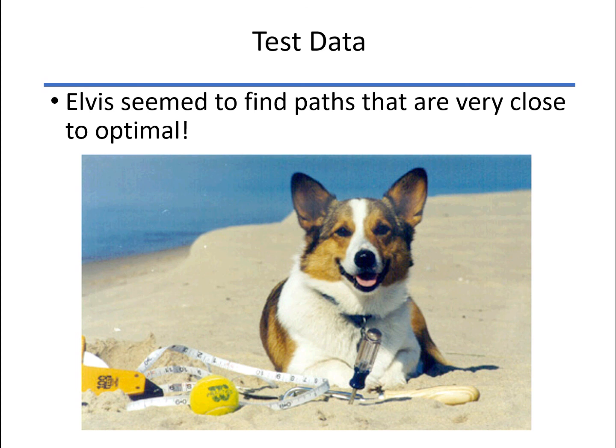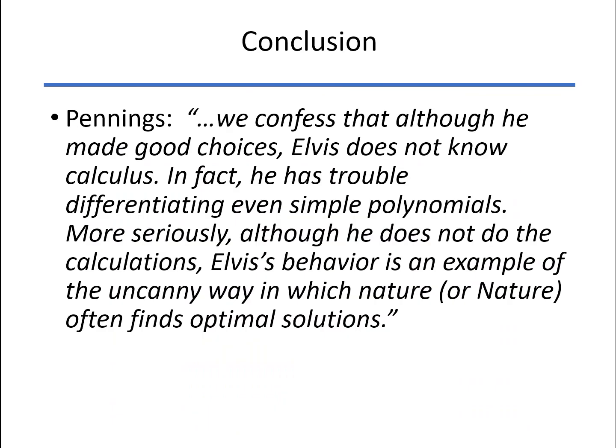And again, the conclusion of this paper was that Elvis seemed to find paths that were very close to optimal. And the conclusion also was that Elvis doesn't really know calculus. He has trouble with simple polynomials. But he did say it's an example of an uncanny way in which nature often finds optimal solutions.